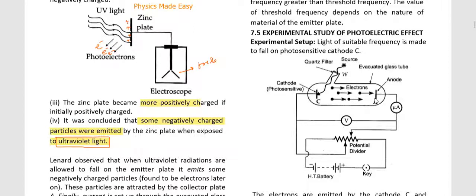And current flows in microammeter, so we have attached microammeter here. Voltmeter measures the voltage applied between cathode and anode, and here we have got potential divider arrangement. This potential divider arrangement is responsible for applying potential difference between cathode and anode.